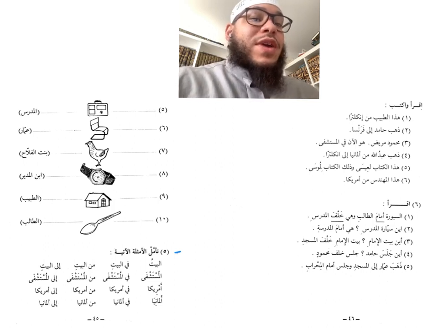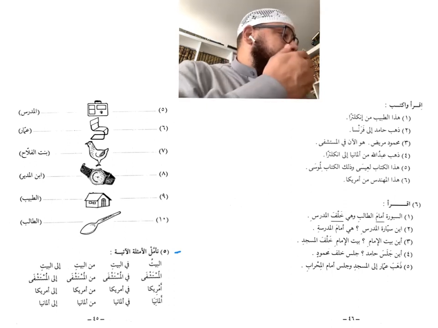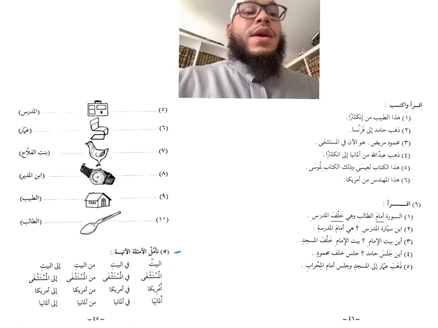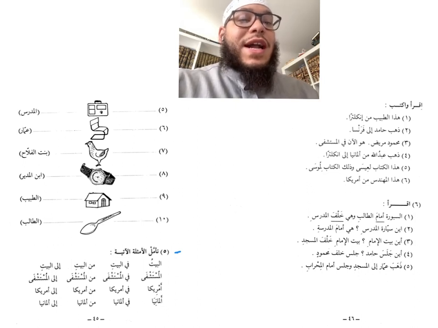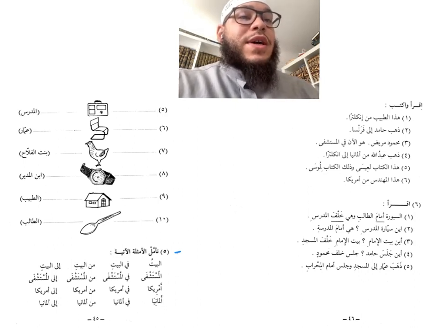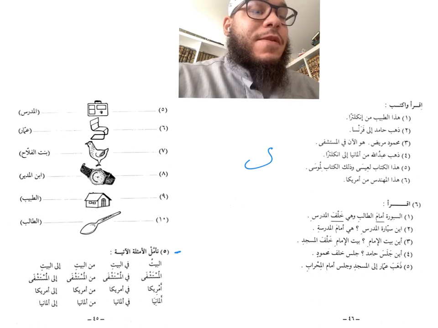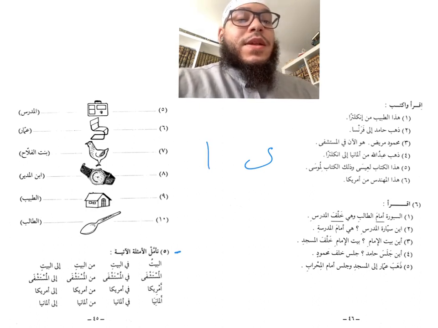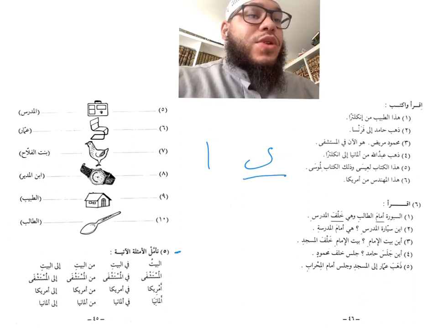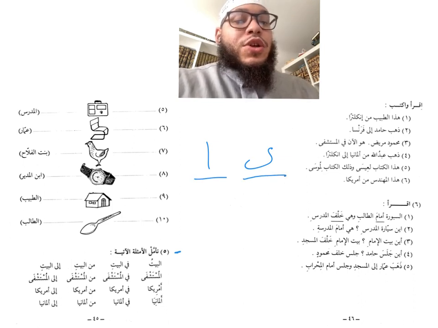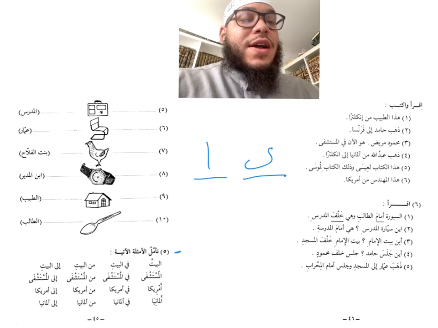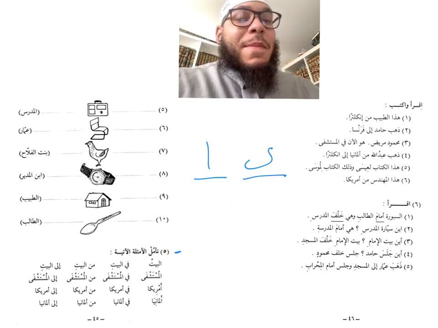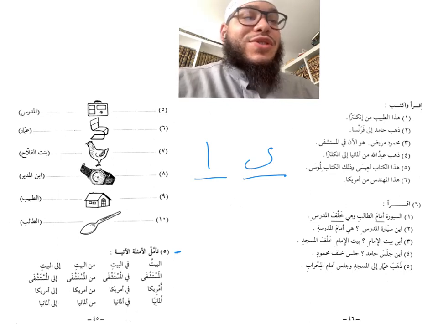But now we have a type of noun that ends in alif. And we have these two types of alif. Alif al-maqsura is one that looks like ya, and alif mamduda is the tall alif. This is what they're called in the Arabic language. So here we have al-mustashfa, fil mustashfa, min al-mustashfa, ila al-mustashfa.